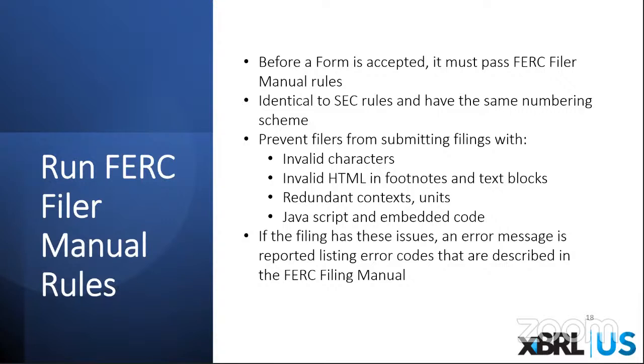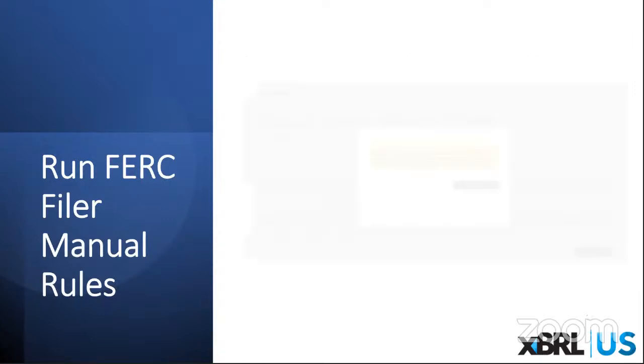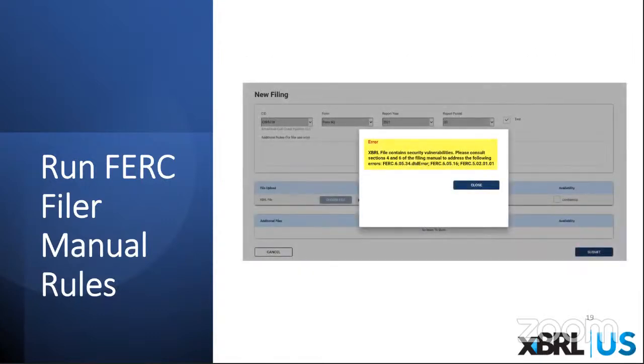If you have any of these errors, then they are described in the FERC filing manual, which is on their website. So we go to the next slide. I think there's some examples of this. Some of you may have seen this. This is what it will look like when you go to do a filing. It'll come up and say it contains security vulnerabilities. Don't panic when you see that, because it's not really a security vulnerability.